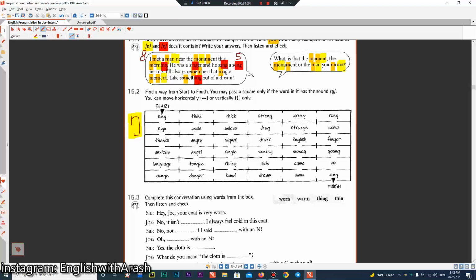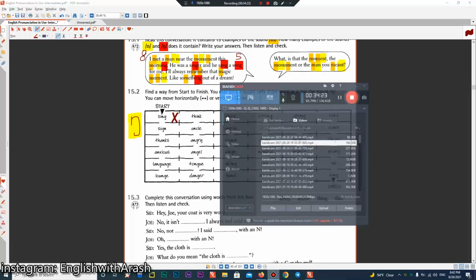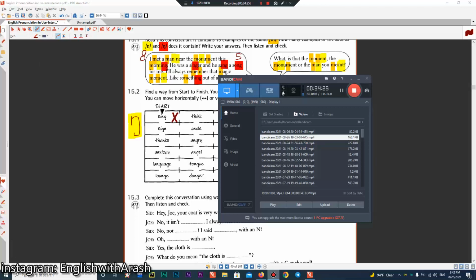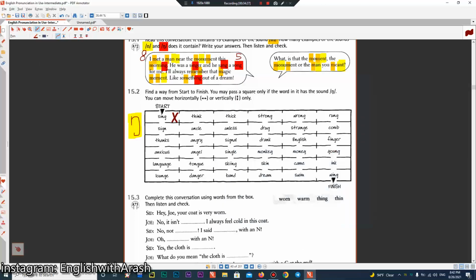So the first one is sing, of course. We can start from sing. After sing, we have to go down or we have to go right. But I see that sign doesn't have this sound that I want. So I have to go right.